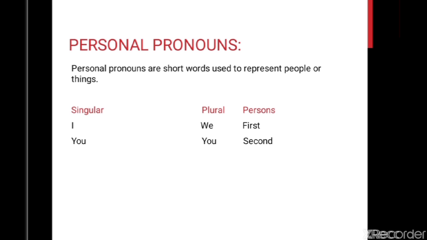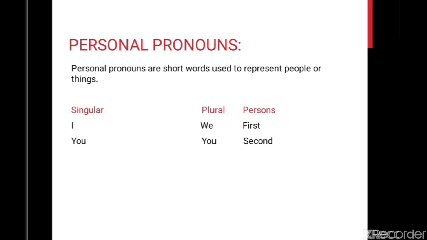Now you and you. Suppose you are in front of me and I am talking with you. Whenever I want to address you, I will use you as a pronoun. And this is second person, because in communication two persons are necessary. First person is the sender. So first person is I and second person is you.